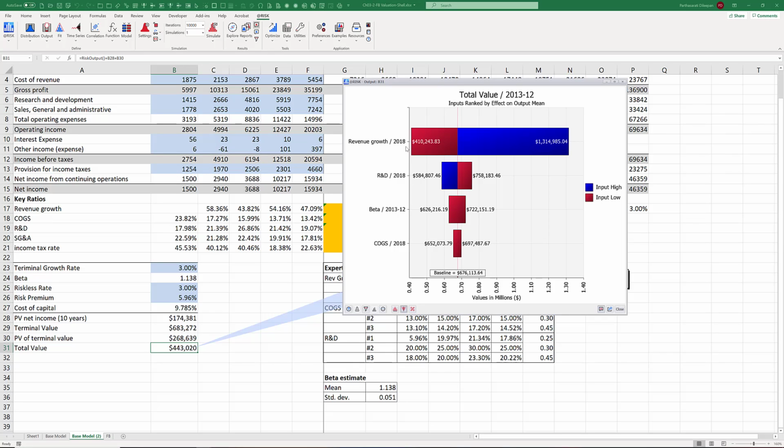So between the expert opinion minimum and maximum growth rate estimates, the valuation varies the most. And the other 3 have relatively less impact or less risk when it comes to the valuation. So the tornado chart is very useful in understanding the relationship between the input and the output that we are looking at.